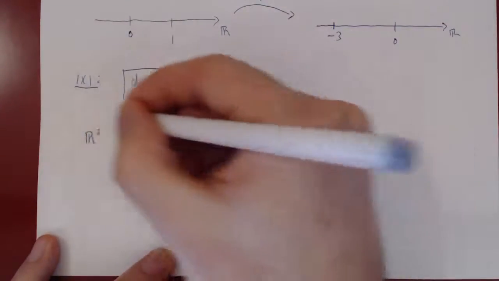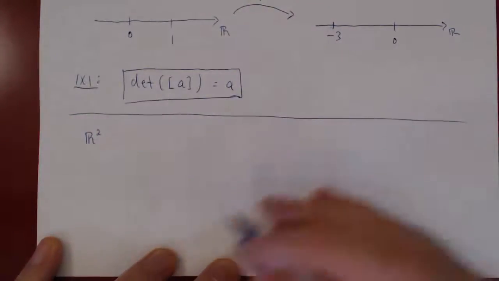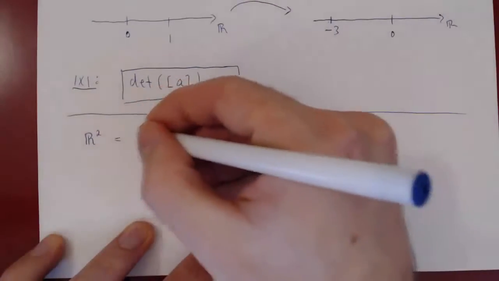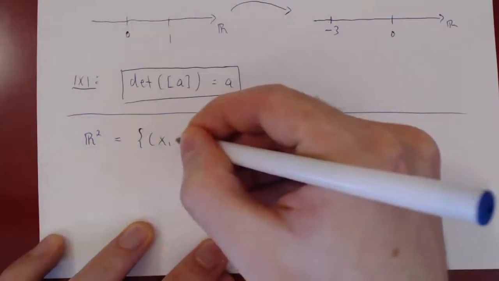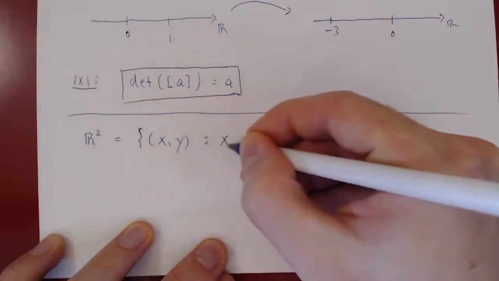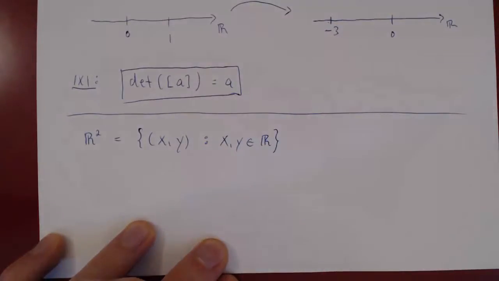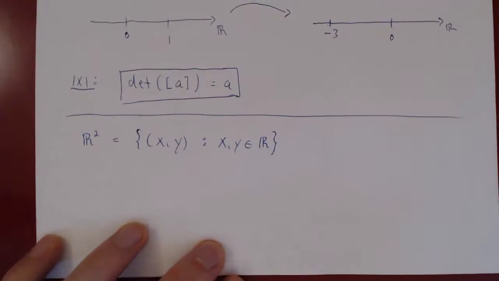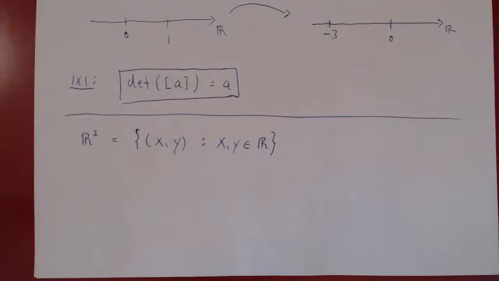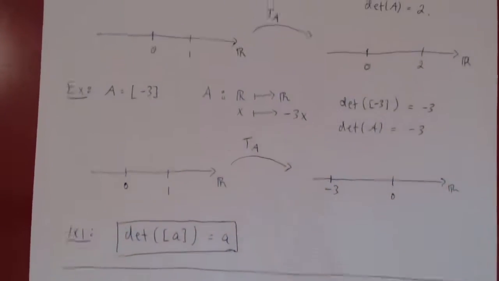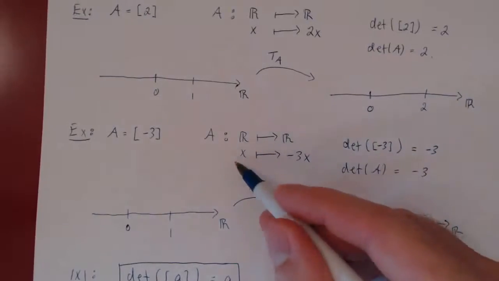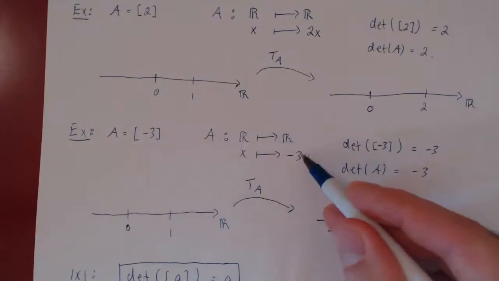Normally, when you look at R2, the points in the xy plane, you're used to writing R2 in the following way: (x, y), where x and y are arbitrary real numbers. That gives you the xy plane. Now, for us, since we want to multiply our points, right, that's the action of the matrix, we take a point and multiply it by the matrix.